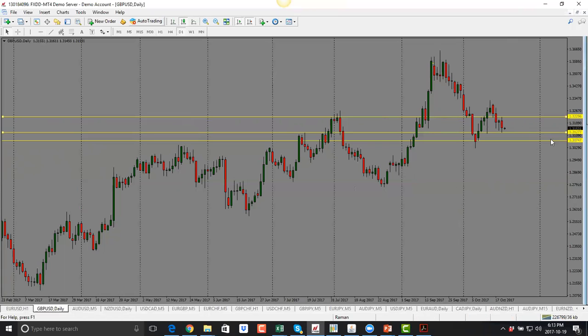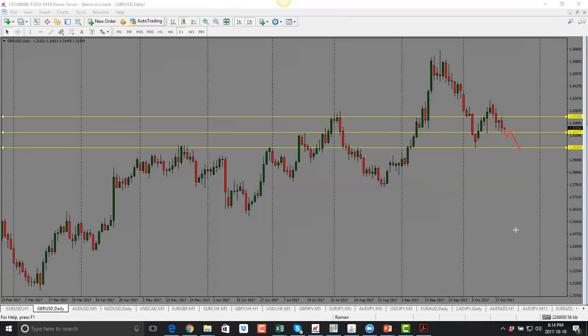Okay, so this 1.3080 level, or even this 1.3020 level will be the key level here. Now, do keep in mind, last time price did reject at this 1.3120 level. So we could have problems right here. So we do need to see a break in this before we can see a continuation move. So we could see something like that.